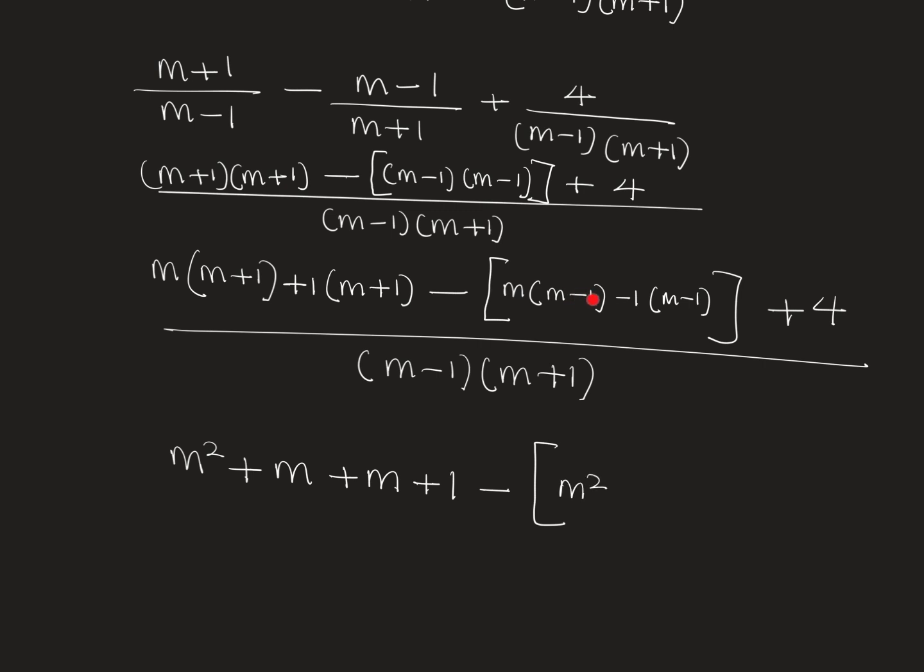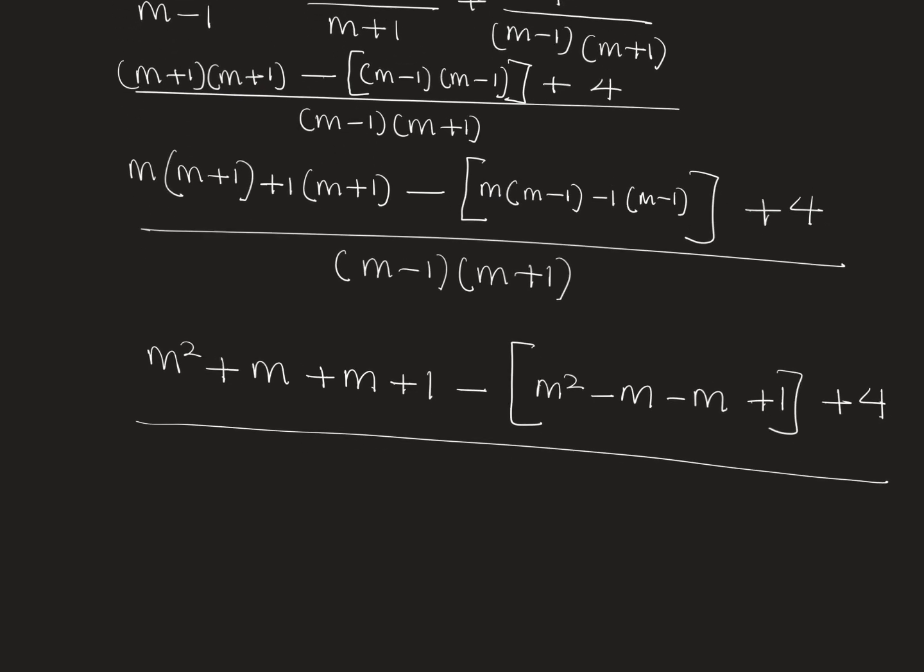M times negative 1 is negative m. Negative 1 times m is negative m. Negative 1 times negative 1 is positive 1. Then plus 4 all over m minus 1, m plus 1.